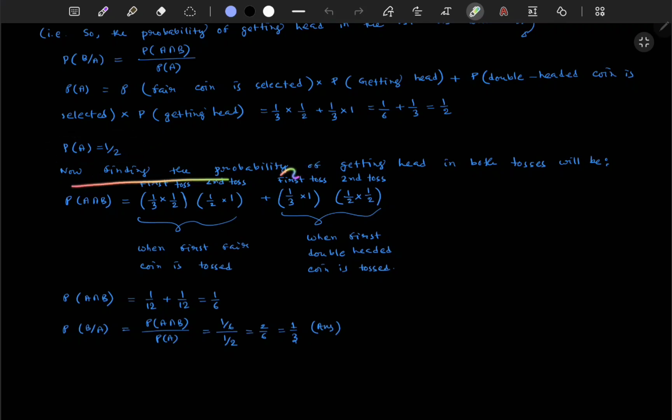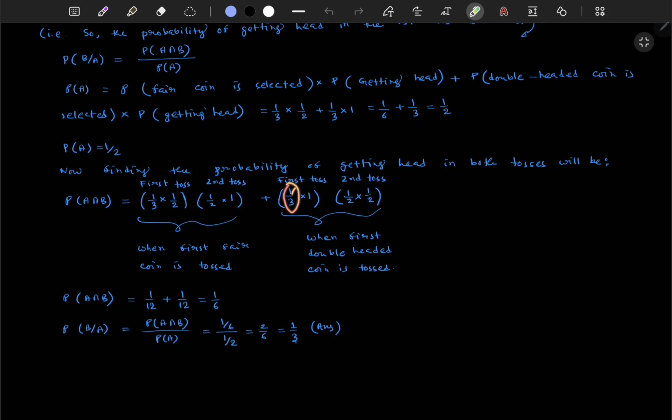Now finding the probability of getting head in both the tosses. First we select the fair coin and then get the head, and then the biased one, where both sides are head, and getting head. First we select the biased one and get the head, and then next time we select from the remaining ones.